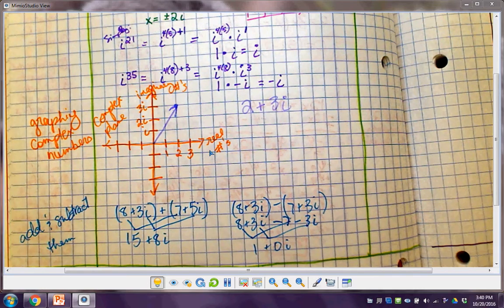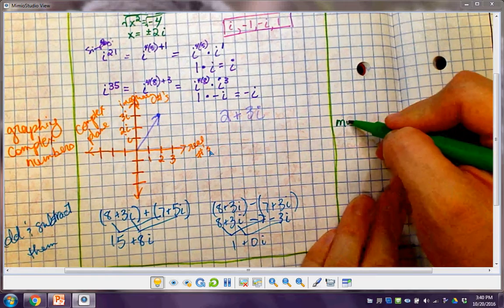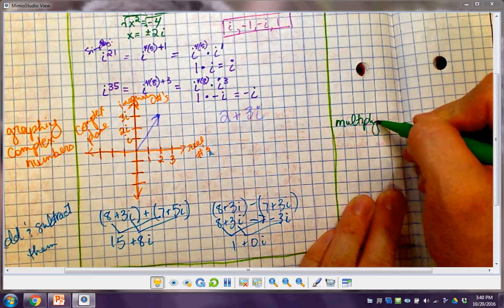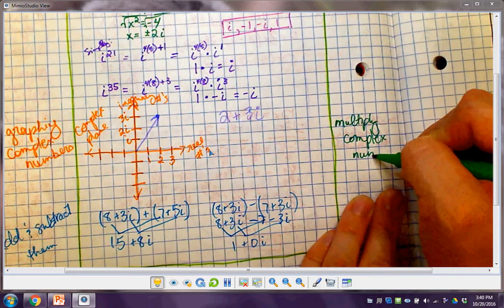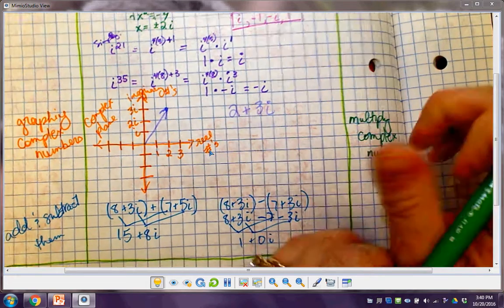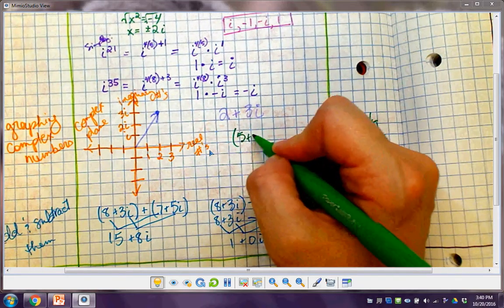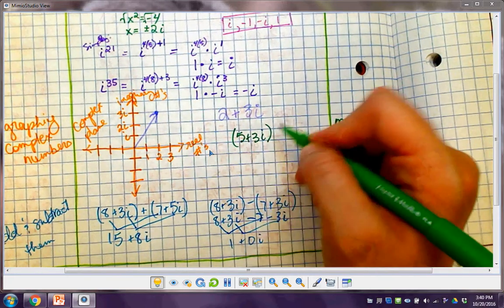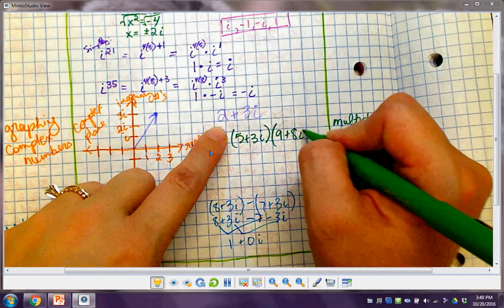And then the last step is to multiply complex numbers. So if we have 5 plus 3i times 9 plus 8i.